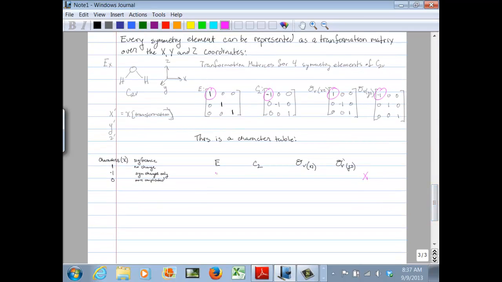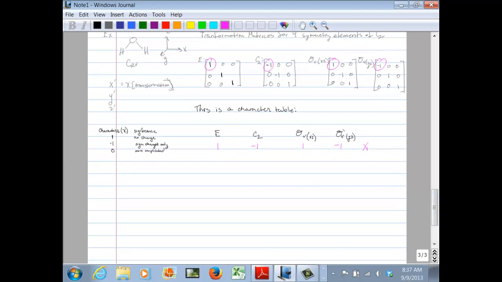Let's see if that looks the same. So E, the irreducible representation for X is 1, -1, 1, -1. Does that match up with X in your character table? That's what we mean by that the X vector transforms as B1.